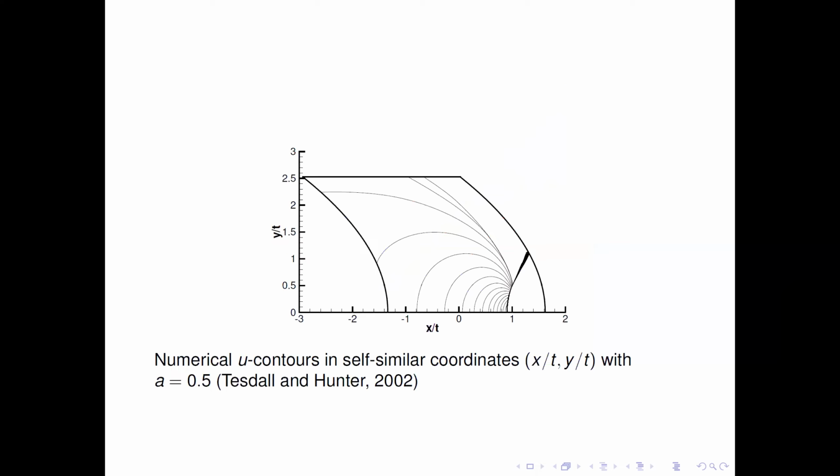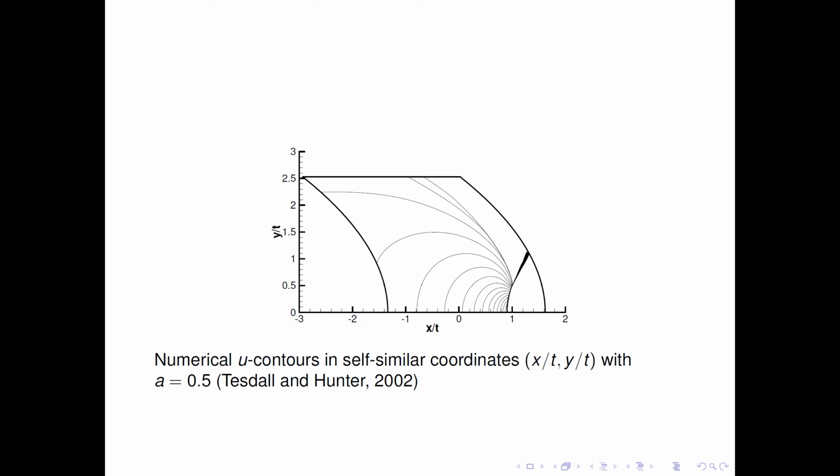So here's a global numerical solution of that initial boundary value problem for A equals 0.5, which is in the Mach reflection regime. So here's the instant shock. You see here's a very weak reflected shock. Here's the Mach stem. They meet at this triple point here.